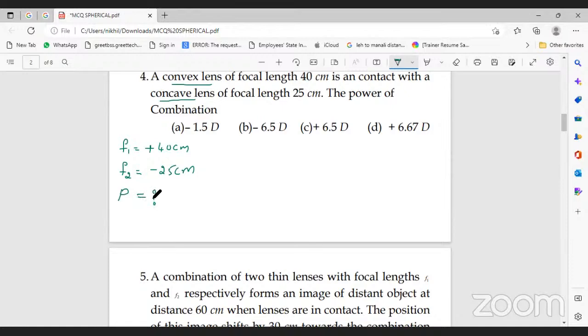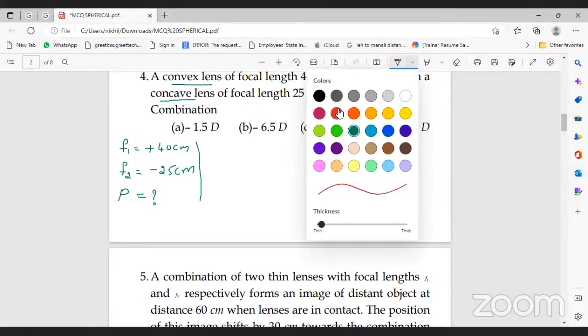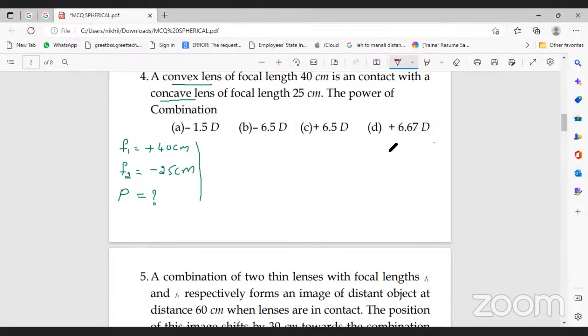Power of the combination. You know that power is the reciprocal of focal length. F stands for effective focal length of the combination. Here, these two lenses, F1 and F2, are in contact, right?